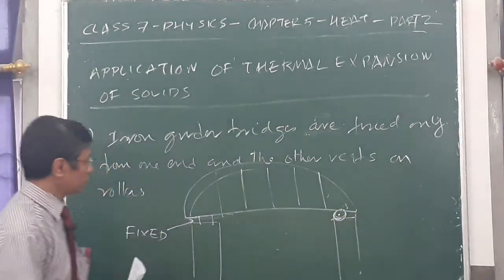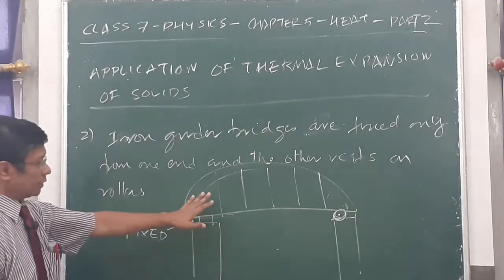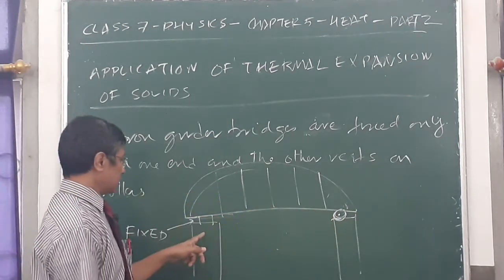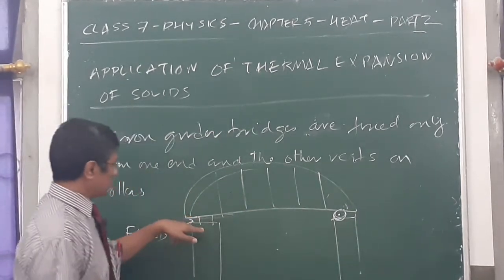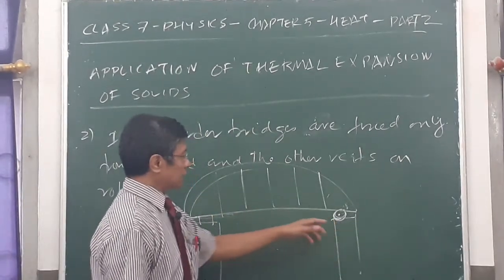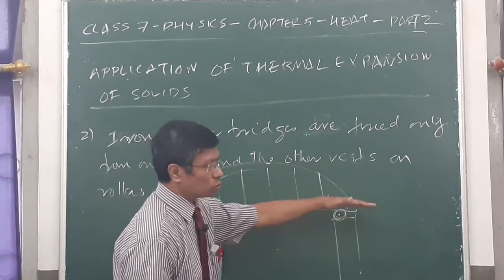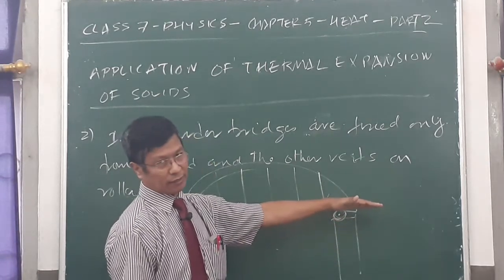The reason is because this iron girder bridge, when it absorbs heat during the day, it expands, and at the fixed end, since the bridge cannot expand, the bridge expands on the other end, and because it is resting on rollers, the bridge rolls over the rollers and it expands easily.